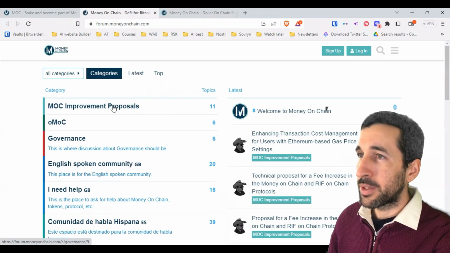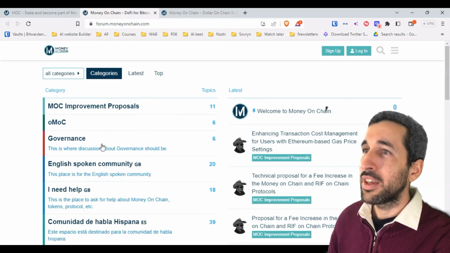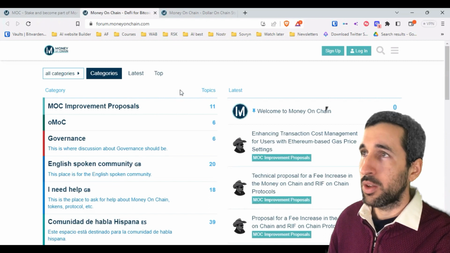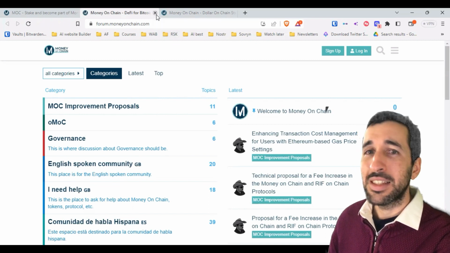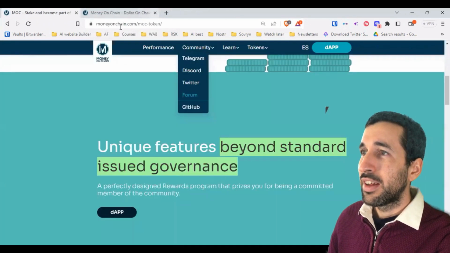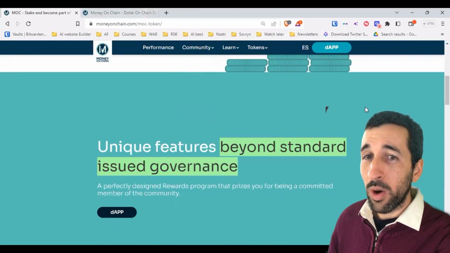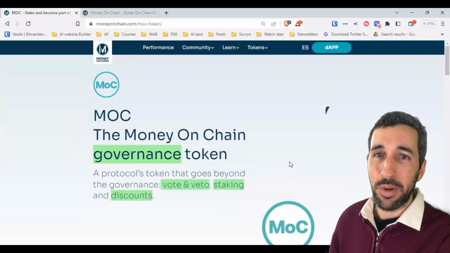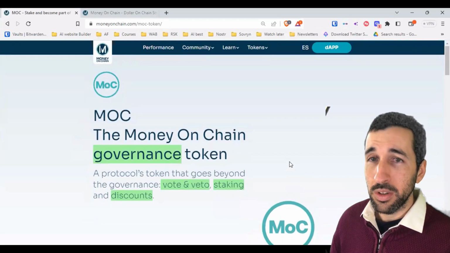We're going to do a separate video on this specifically, and to be honest, one of the beautiful things that Money on Chain has, and one of the things that I love the most, is that it is in essence a very simple protocol. So the amount of active governance that it requires is very low. The amount of voting that happens in the Money on Chain protocol is very low.